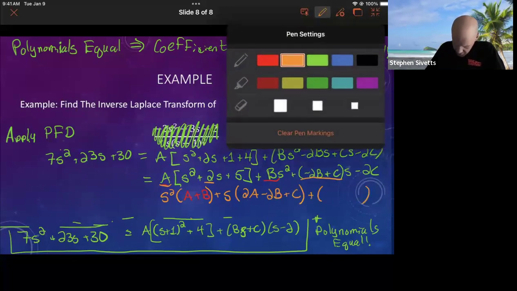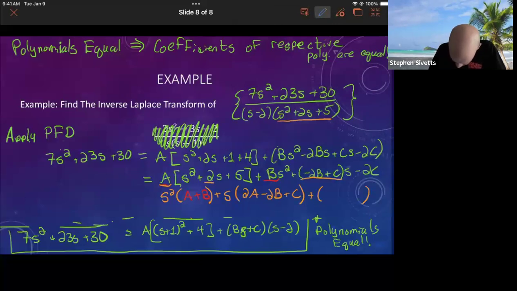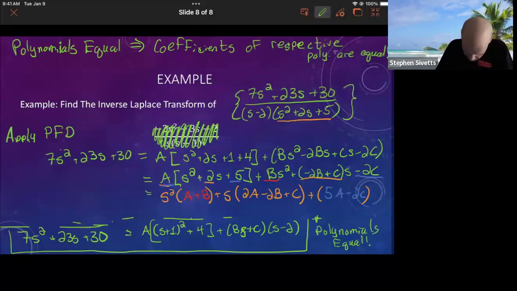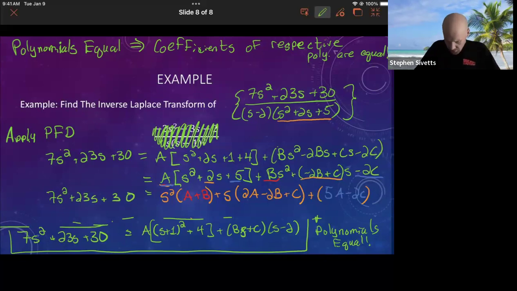The constants would be 5 times a minus 2c. So we'll have 5a minus 2c. And all of this has to equal 7s squared plus 23s plus 30. Okay? So we're almost there.